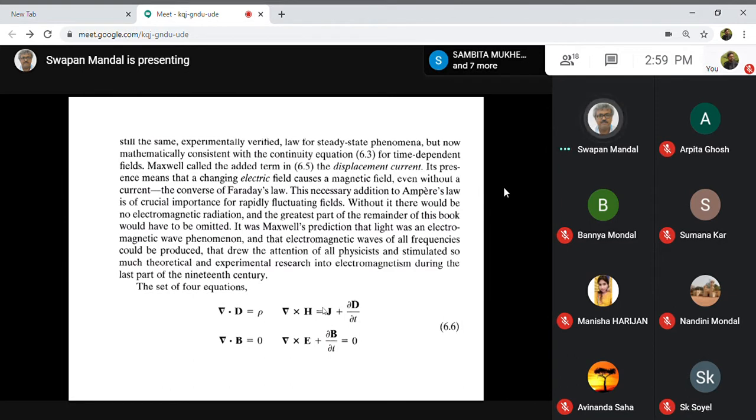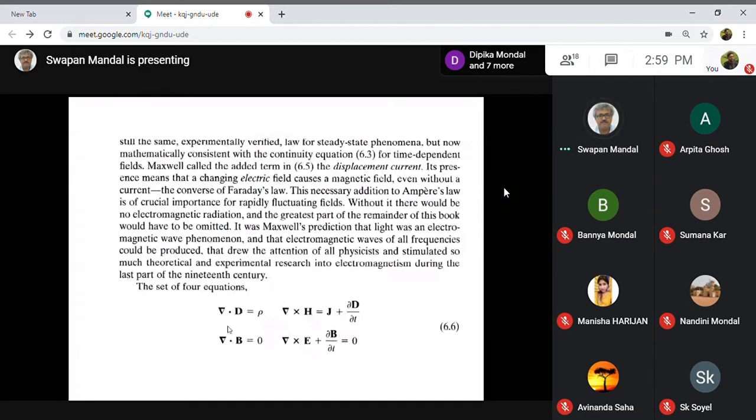Since we have formulated four equations, now it is our duty to solve these four equations. Now how to solve Maxwell's equations?